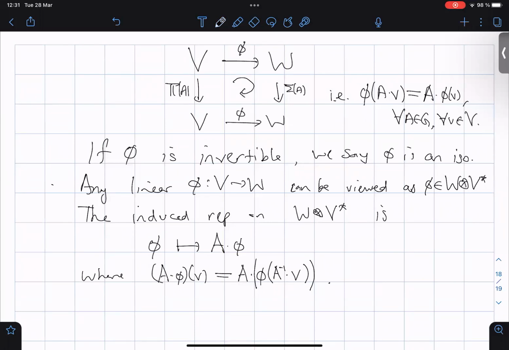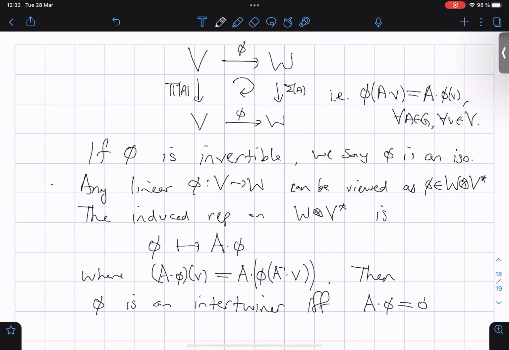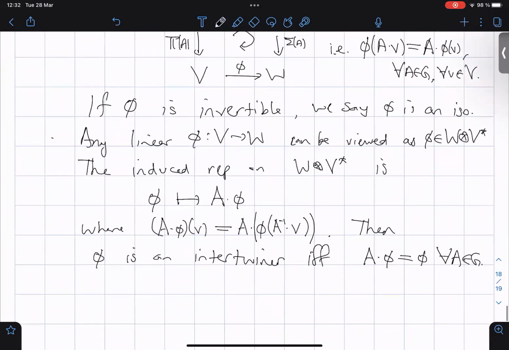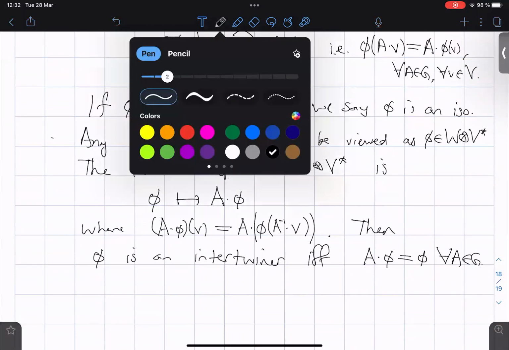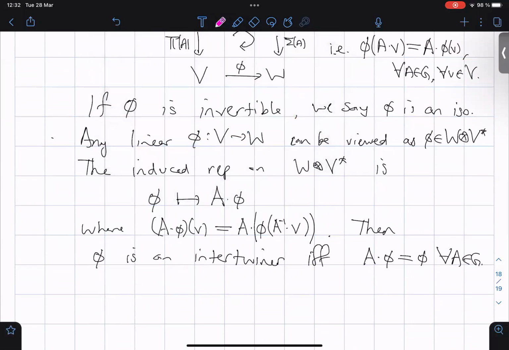And so what does it mean to be an intertwiner? From this point of view, phi is an intertwiner if and only if A dot phi is phi, for all A in G. Why? Let me just expand this a little bit. Let's use this formula over here. A dot phi equals phi.